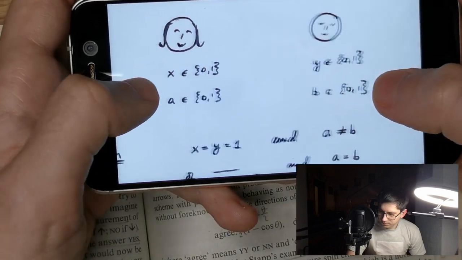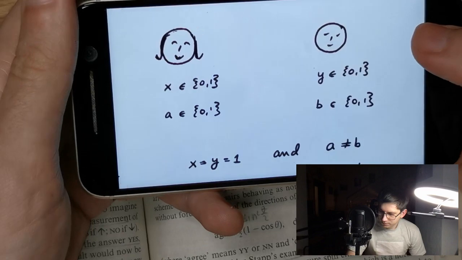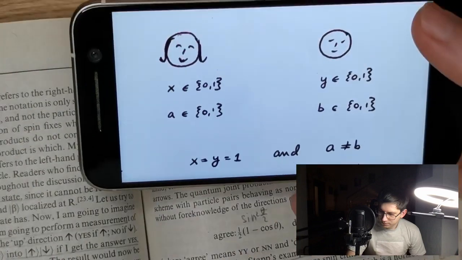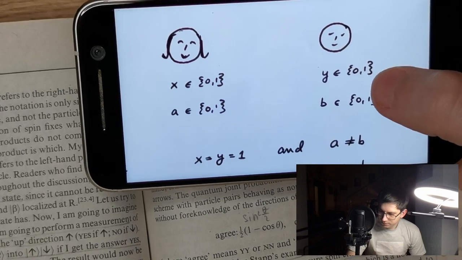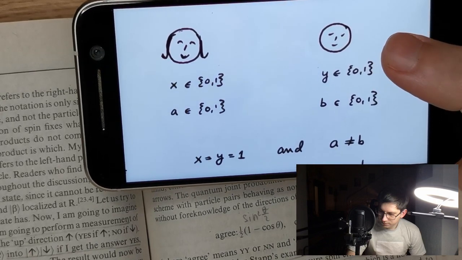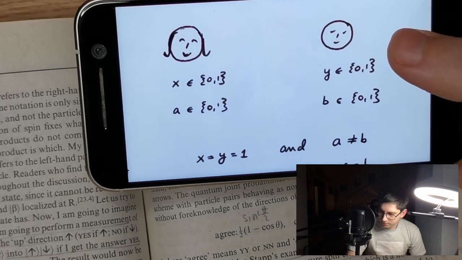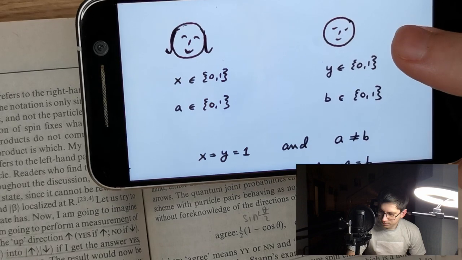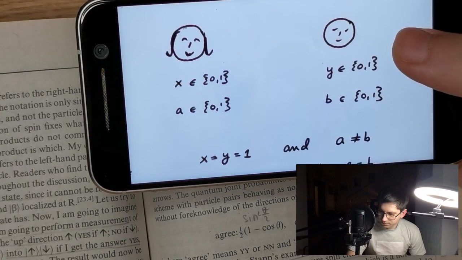And now they also have two outputs. Two outputs, they are like two measurement results, A and B here. So they will either get yes or no. But currently we are just talking about the classical game. So they just have coins and they could flip them and afterwards take a piece of paper and write on the paper 0 or 1.